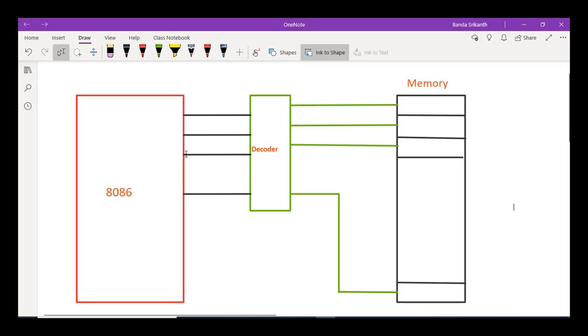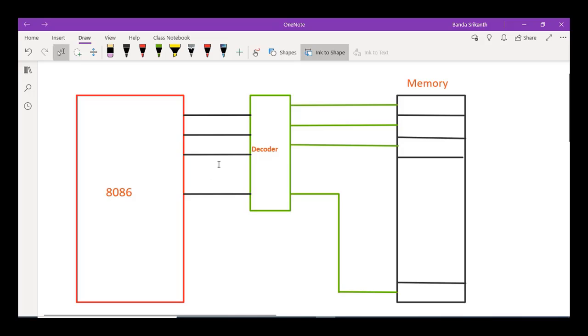You can see this diagram. This is the memory interfacing diagram with 8086. This is your 8086 processor, and this is the decoder, and this one is the memory unit.